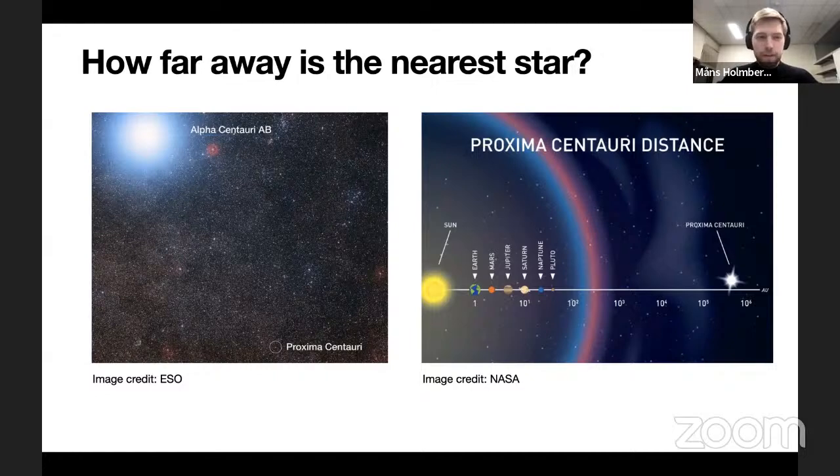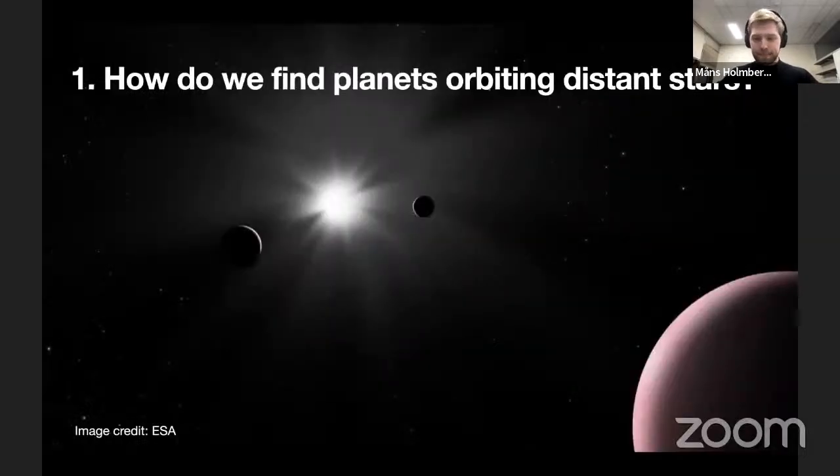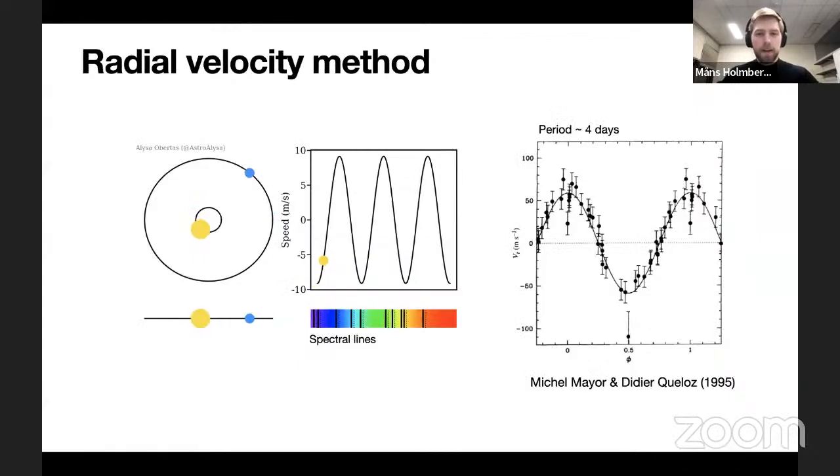Then how could we even dream of detecting a planet orbiting a star that is that far away? Well, we can do that. And so how do we do this? One way is to use the so-called radial velocity method.